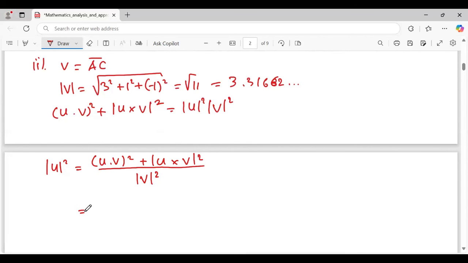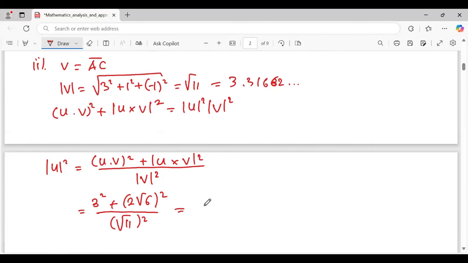So u dot phi is 3, modulus u multiply phi is 2 square root 6, and modulus phi is square root 11.